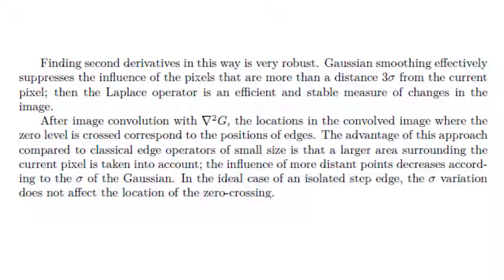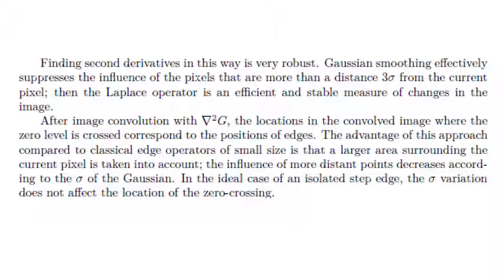Basically, finding the second derivative this way is very robust. What we do is take the Gaussian, then find the Laplacian, and use the normalizing factor c. The Gaussian smoothing suppresses the influence of the pixels very far from the center pixel, because of the introduction of the standard deviation sigma.